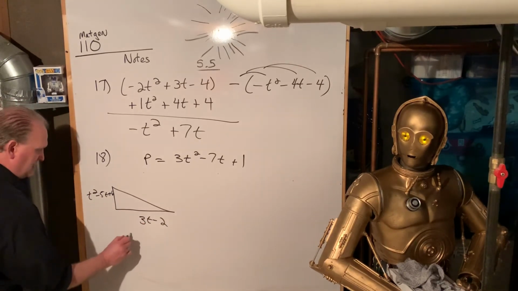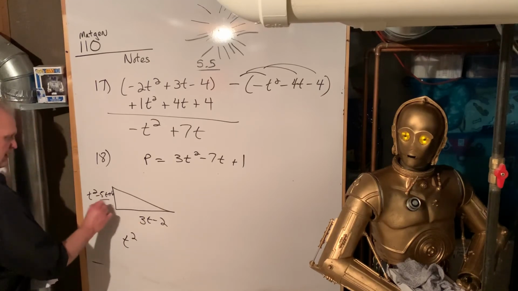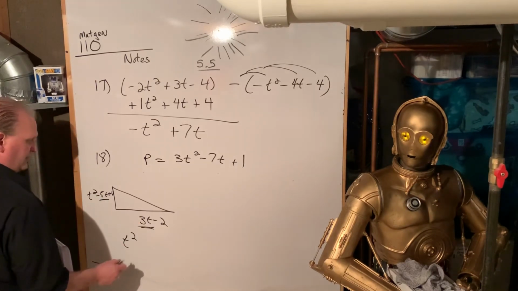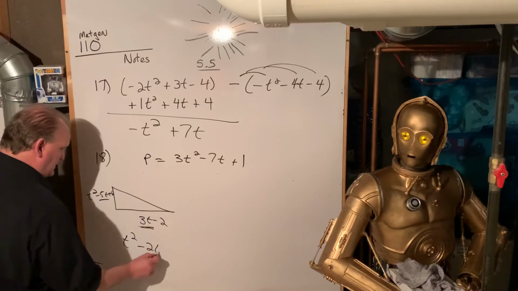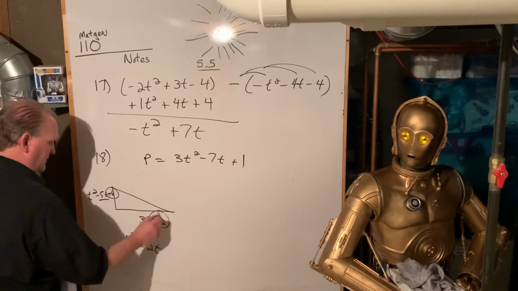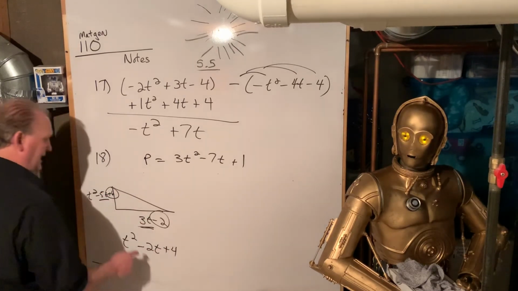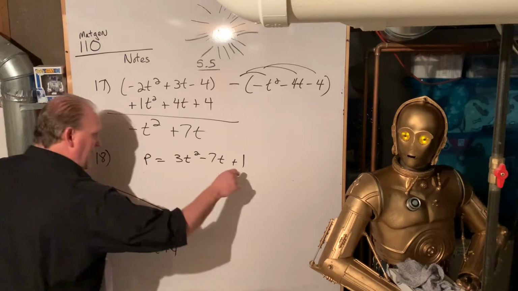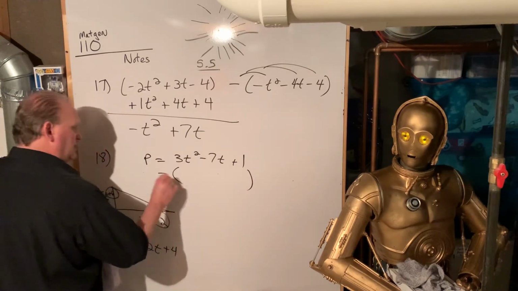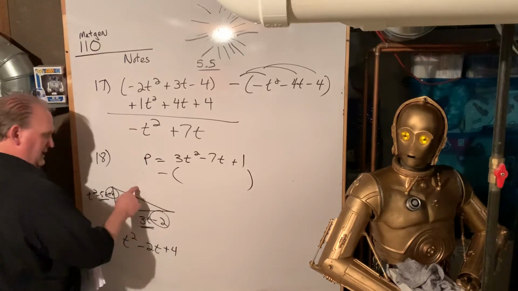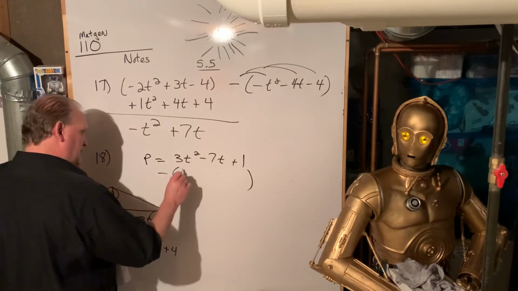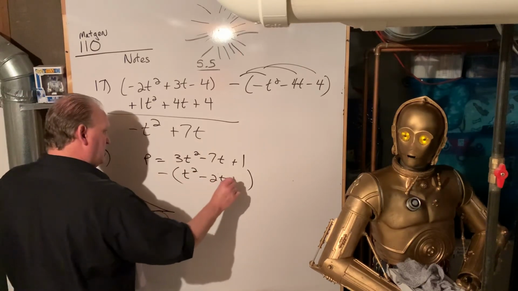So we have t squared minus 5 and plus 3 is minus 2t, and plus 6 and minus 2 is plus 4. And then we're going to take that and subtract it from the perimeter. And that will give us the missing side. So t squared minus 2t plus 4.